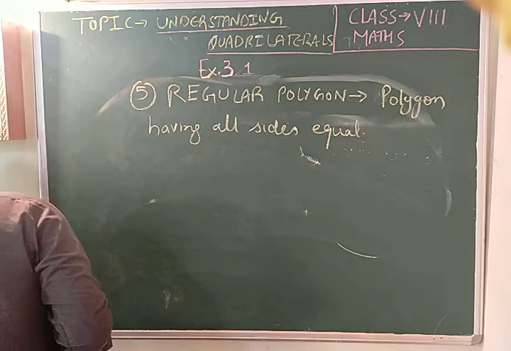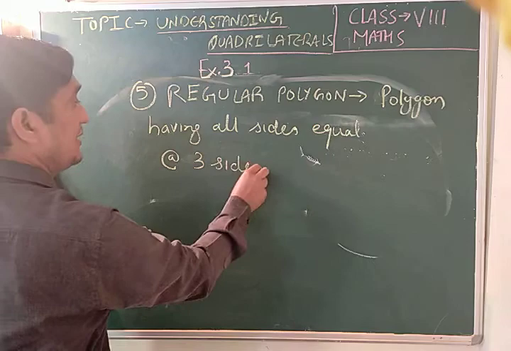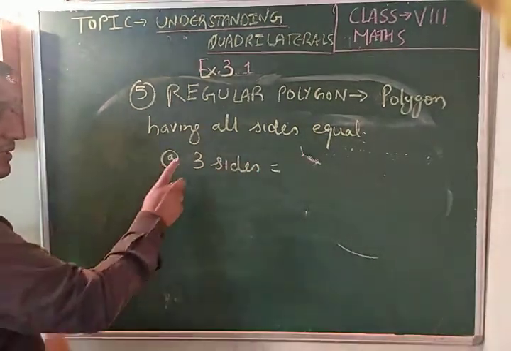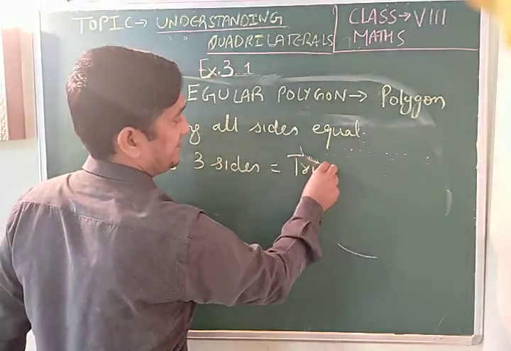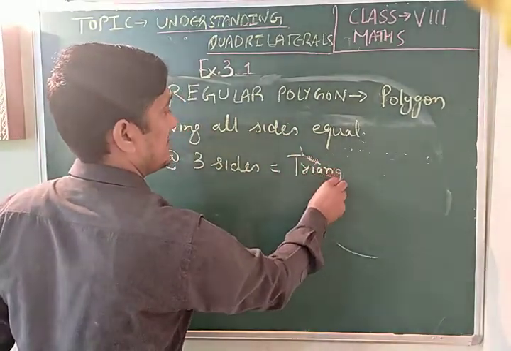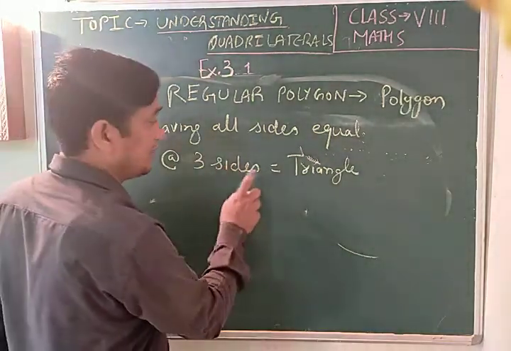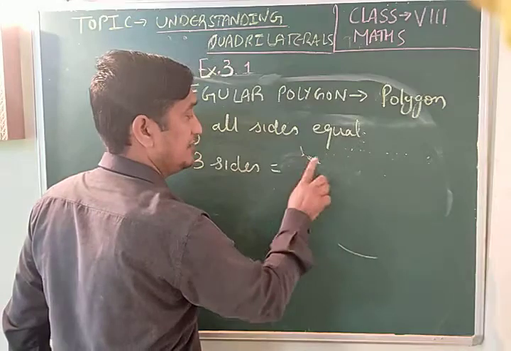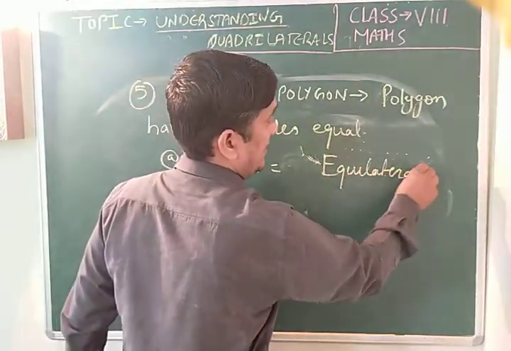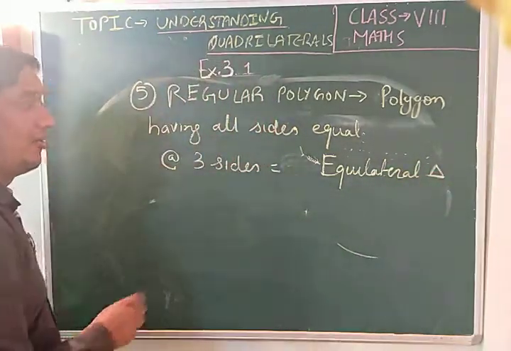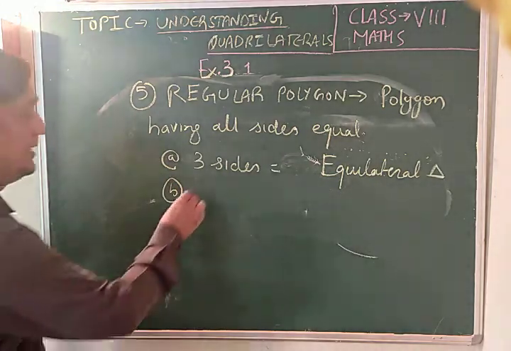Now he says A part, a polygon having 3 sides. Any polygon having 3 sides is called a triangle. But he says regular polygon. So if it is a regular polygon, then its name is not triangle, it's equilateral triangle. Equilateral triangle. All 3 sides equal. Then B part, 4 sides.